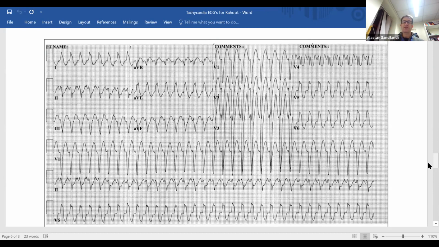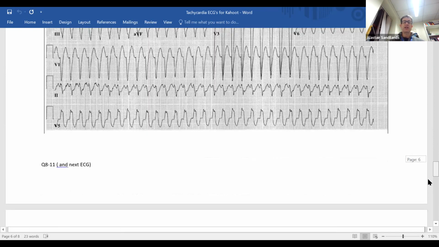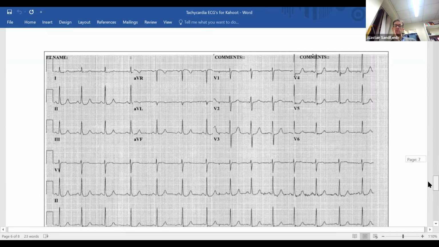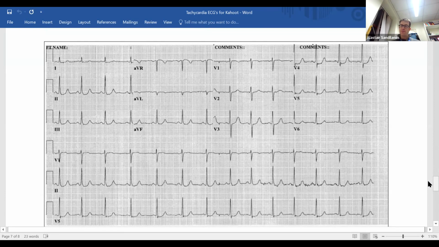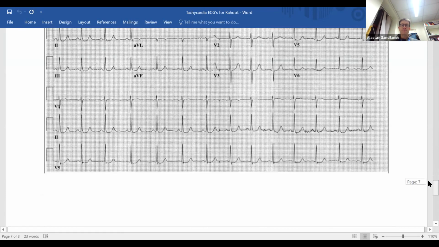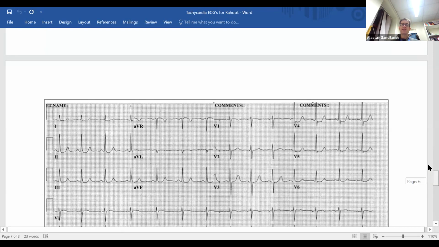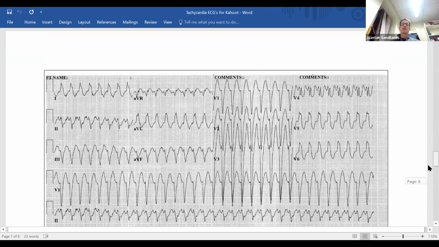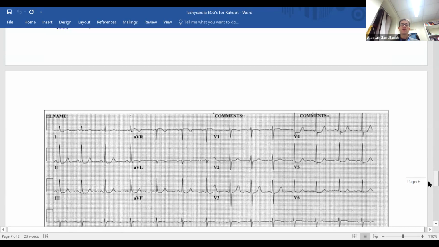Okay, so that's that ECG, and this is the ECG afterwards. So the patient has that ECG first, and then this ECG afterwards.